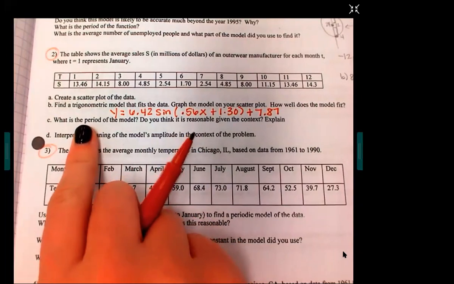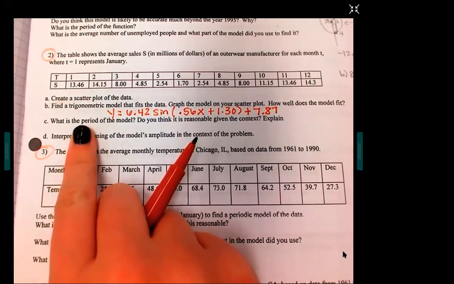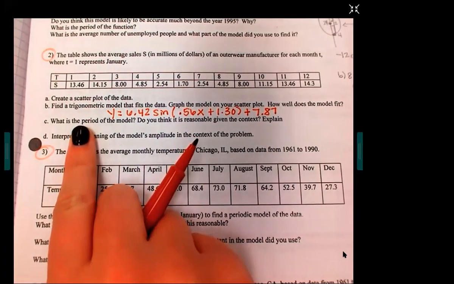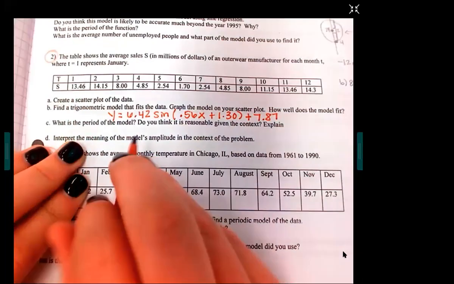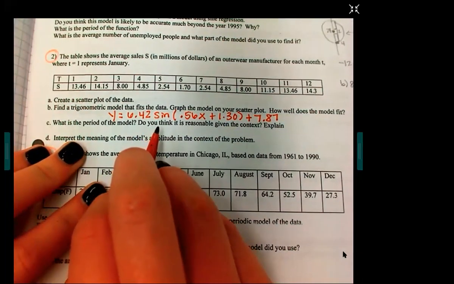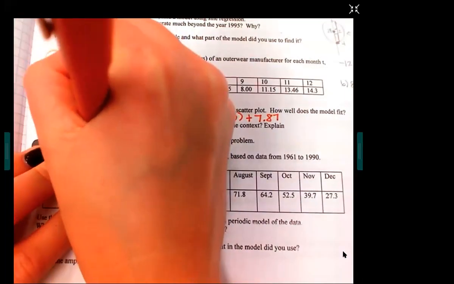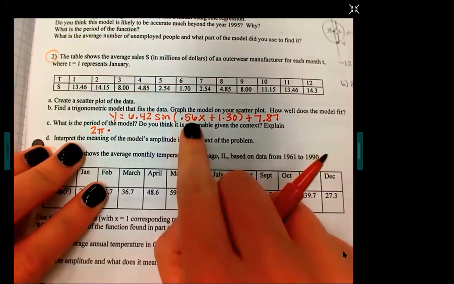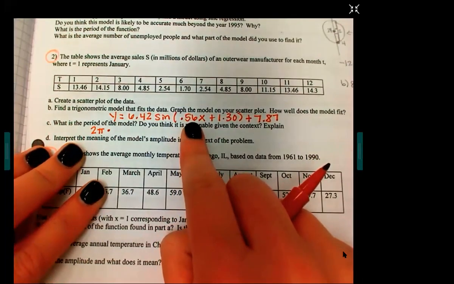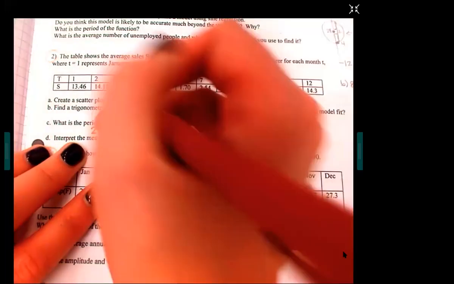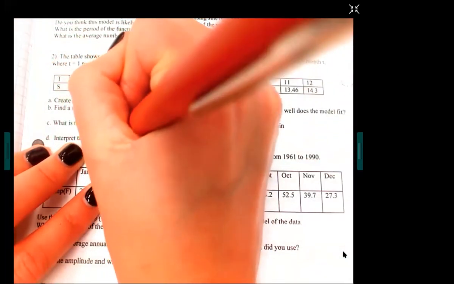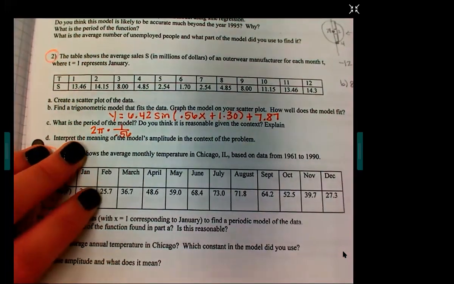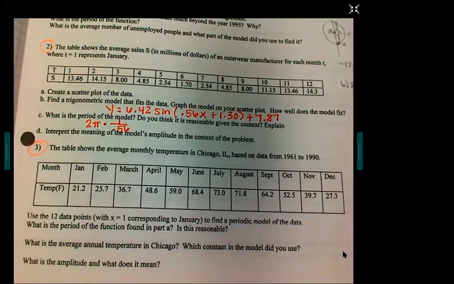All right, this is my favorite. What is the period of the model? Yes, Ross, good. What's the period of a sine function supposed to be? 2 pi. He said this is 0.56. So we multiply by the reciprocal, because remember, if it's inside with x, it does the opposite, right? So I'm going to type that into a calculator.